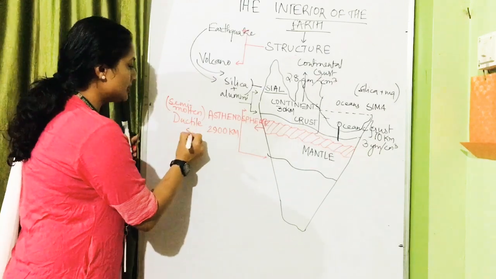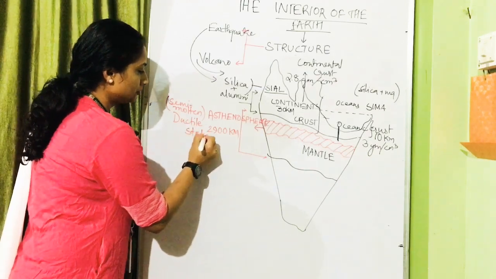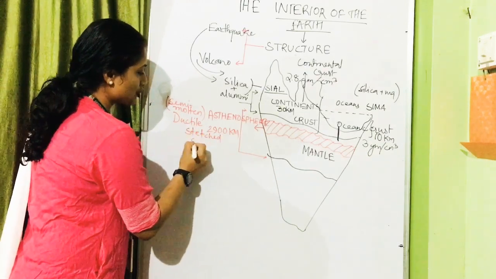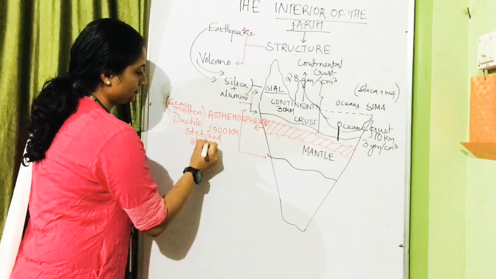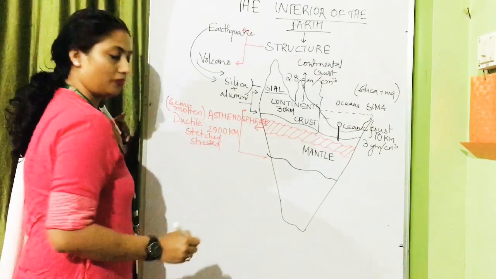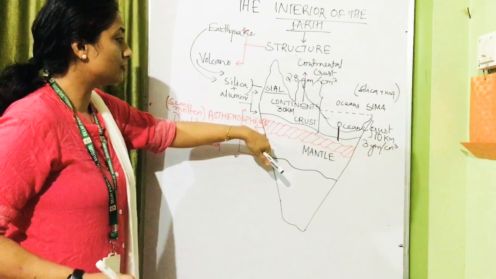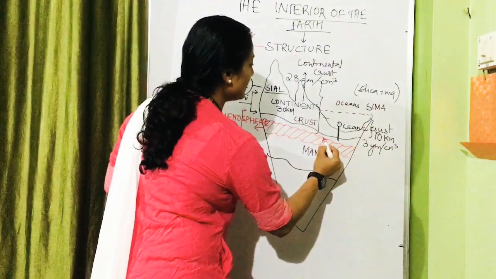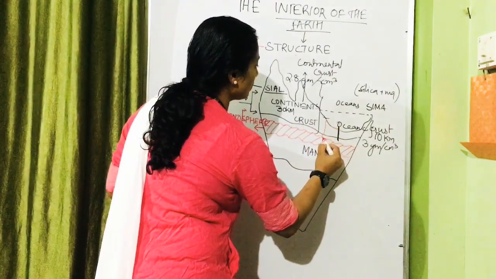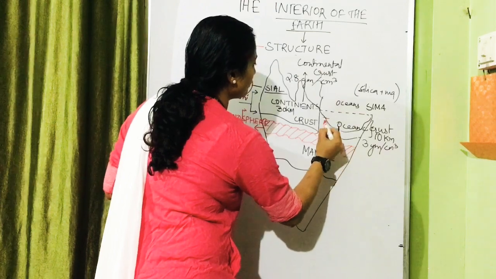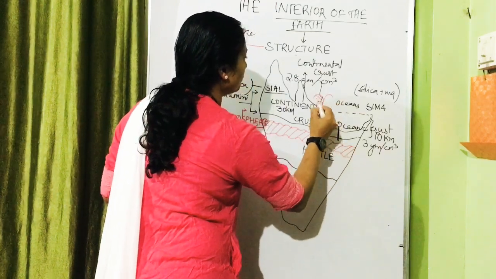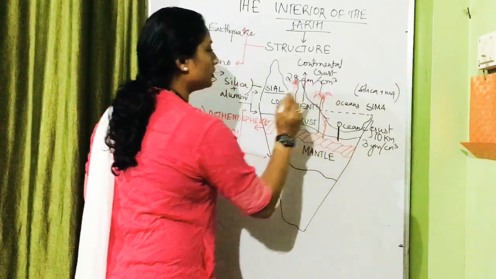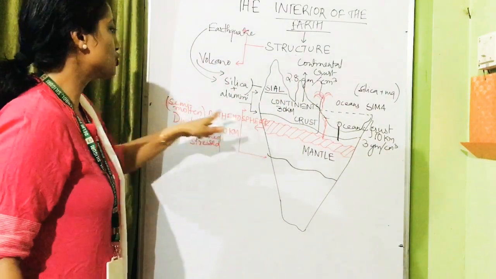Ductile means it can be easily stretched and stressed. So because of this, whatever volcanic eruptions take place on the surface of the earth, are because of this mantle layer.